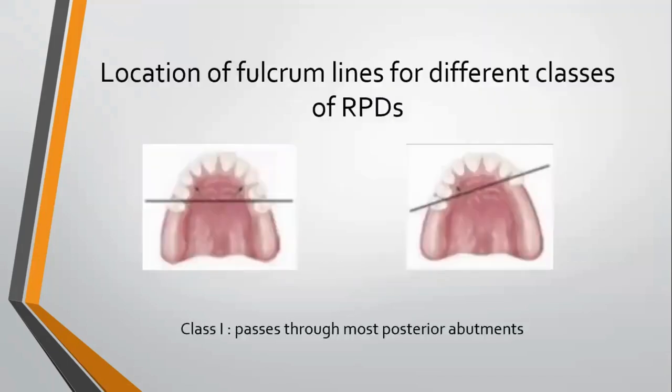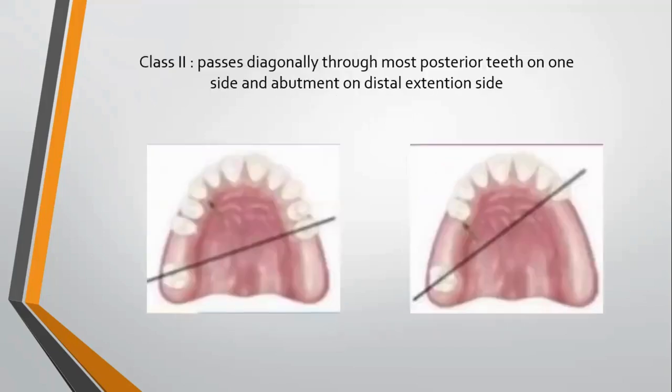The location of the fulcrum line for different classes of RPD: in class 1, it passes through the most posterior abutment. See here, the line passes through the most posterior abutment from one side to the other. Even if the abutment teeth are placed a little farther, the most distal tooth shows the fulcrum line.